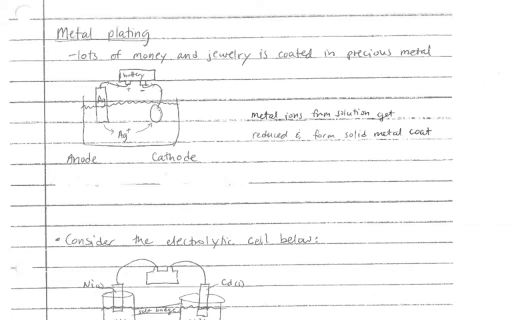So you can make cheaper jewelry. You just cover the outside with a single layer of precious metal, and it looks just as nice, but it's not solid precious metal, so it's less expensive. Or we might do this with silverware, etc.